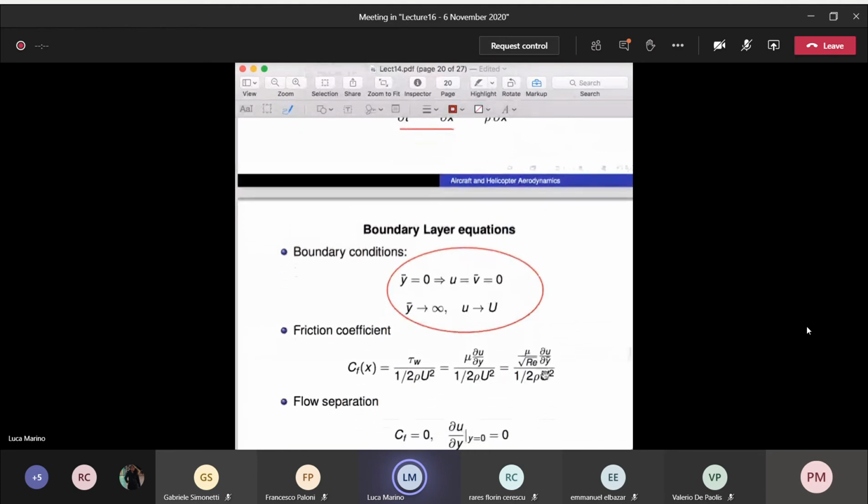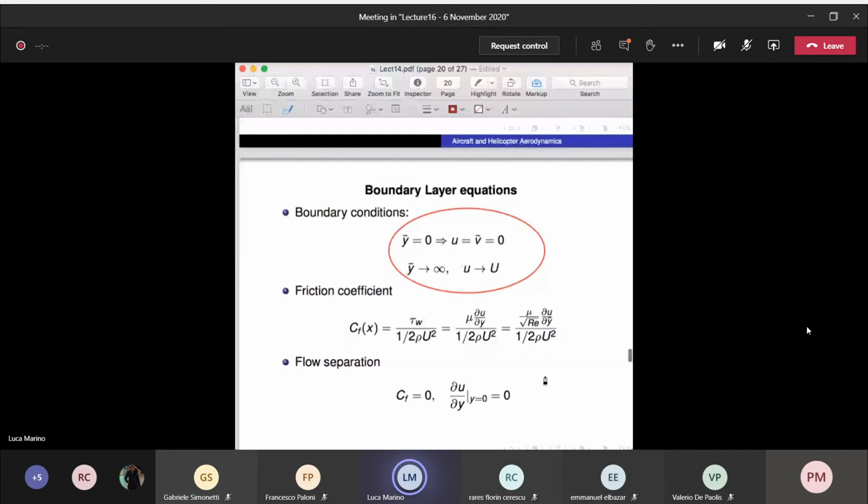Okay? If we know the solution, we can evaluate the shear stress at the wall, we can make this shear stress non-dimensional, and so, as we introduced the pressure coefficient, we introduce the friction coefficient, which is a function, as we know, of the Reynolds number.